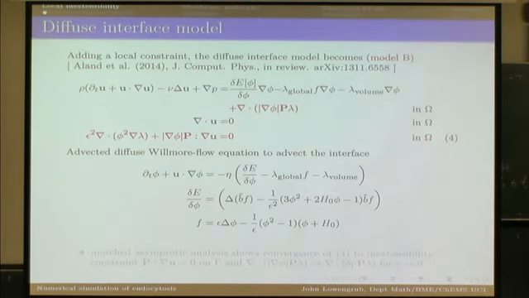Now, how do you add the local constraint? Now let's ask, how can we extend this model so that we can deal with a local constraint rather than the global constraint? So at no extra cost, we can keep the global constraints, but now we want to add an extra piece that introduces the local constraint.